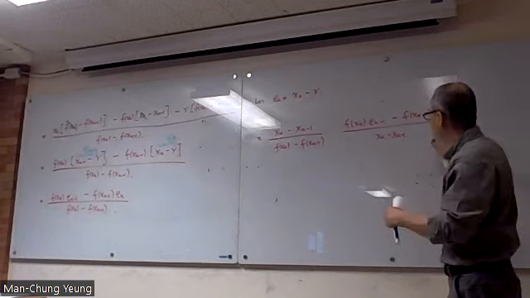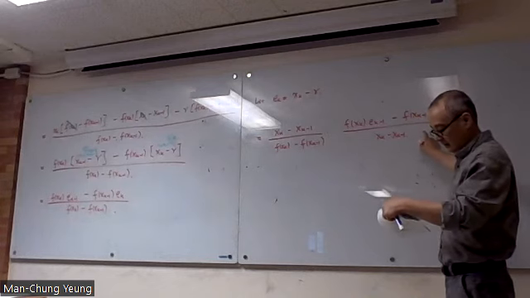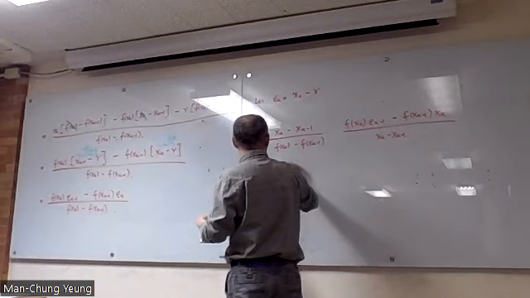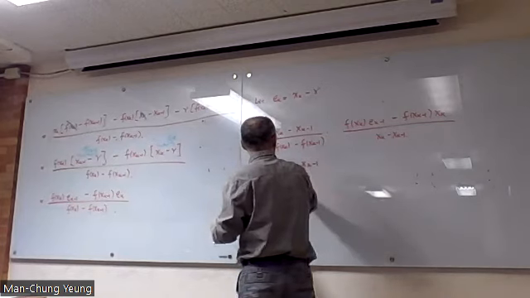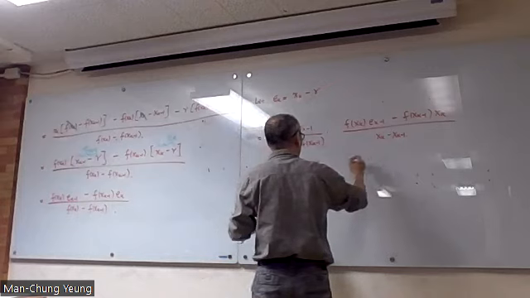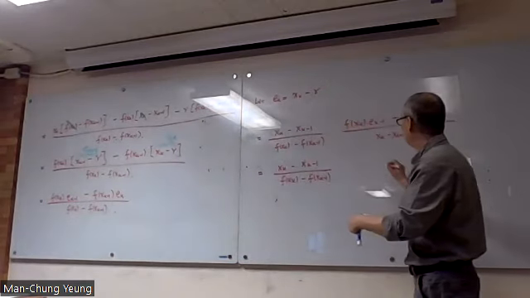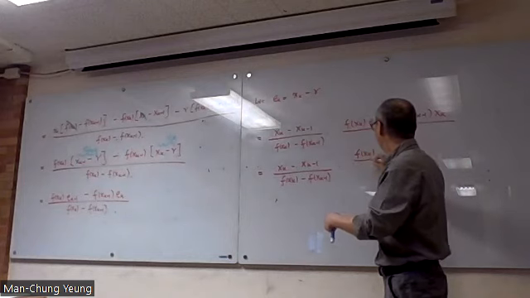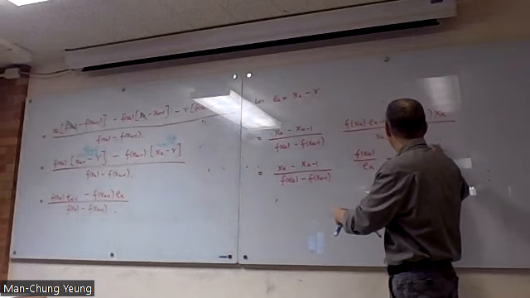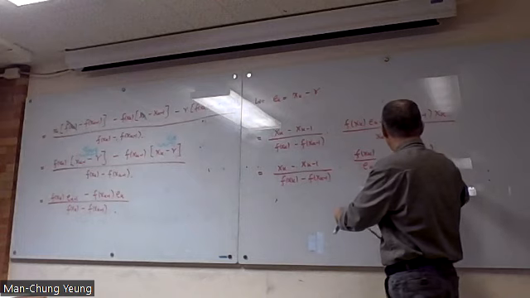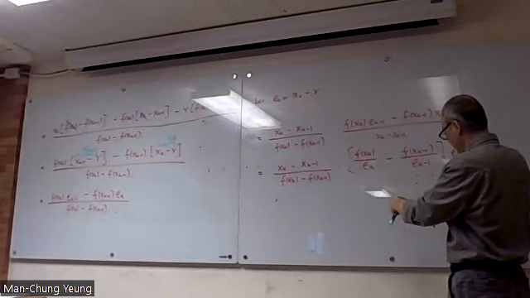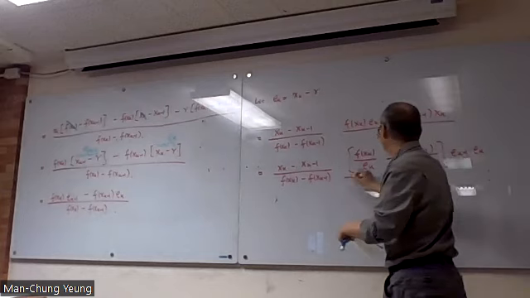Now for the second fraction, I further rewrite it as f xk over ek minus f xk minus 1 over ek minus 1, times ek minus 1 times ek.